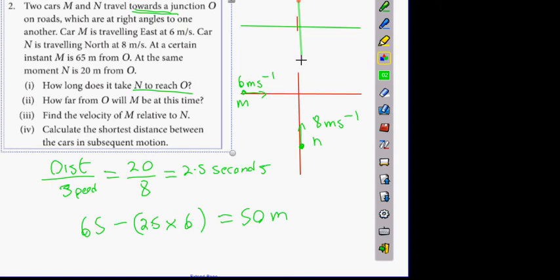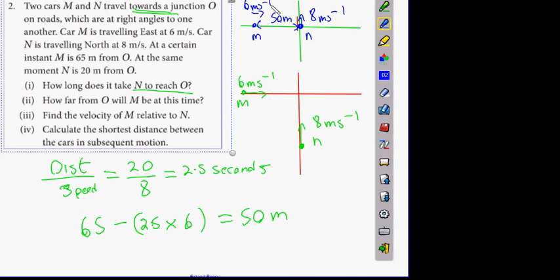Instead of the original diagram, this time I can have car N actually at the junction going up at 8 ms^-1, and I can have car M 50 meters away, traveling at 6 meters per second.